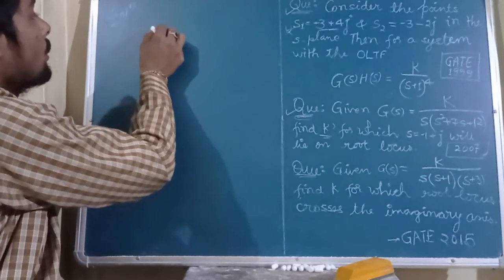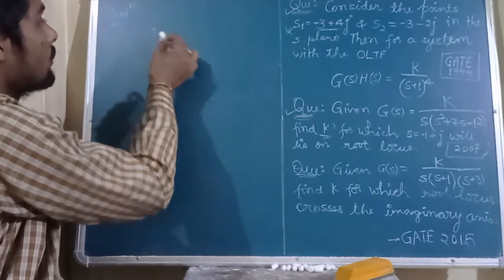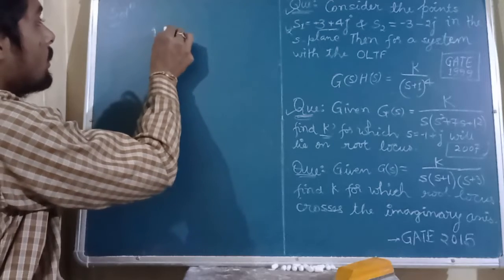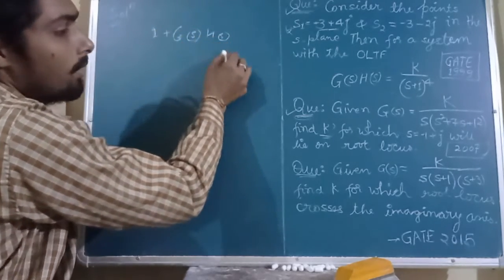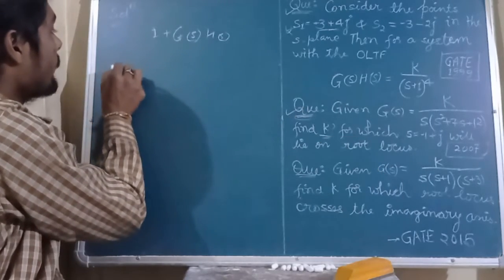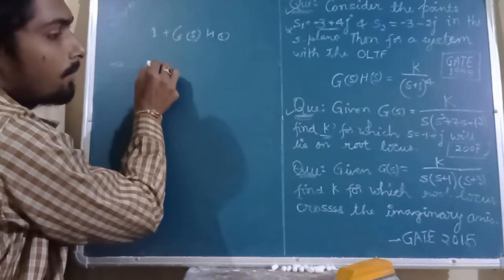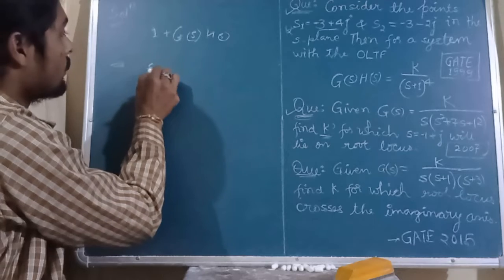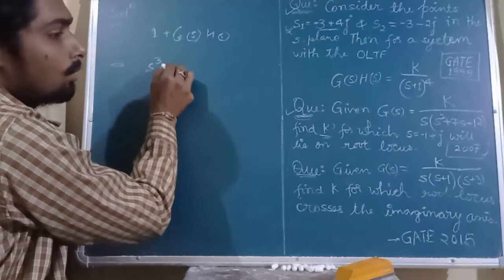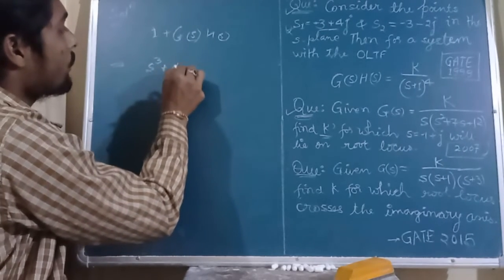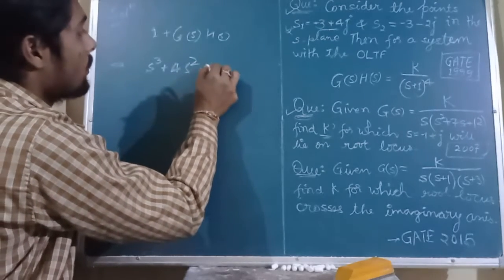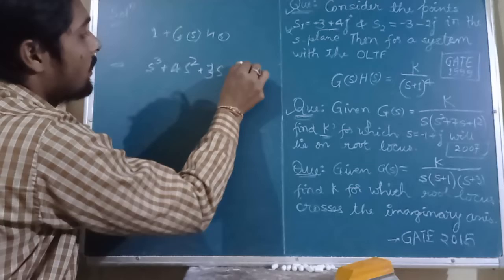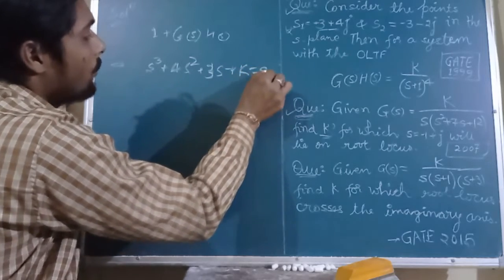Now 1 plus G(s)H(s), we will solve. Then we will get the characteristic equation as s cube plus 4s square plus 3s plus K equal to 0.